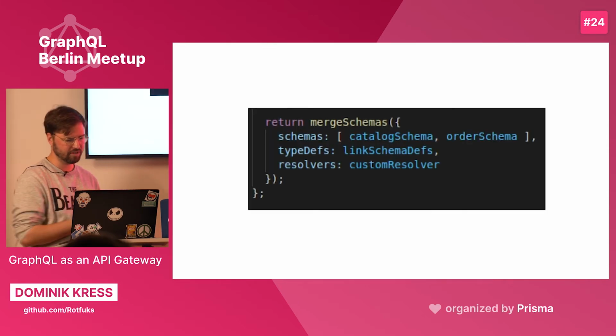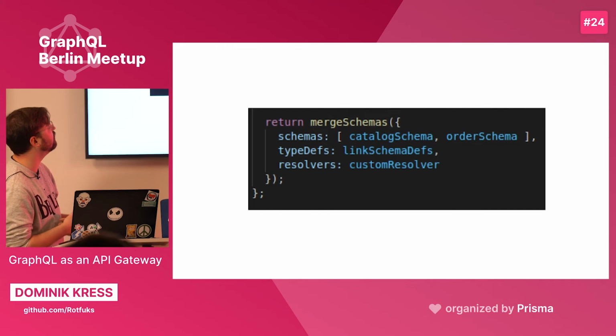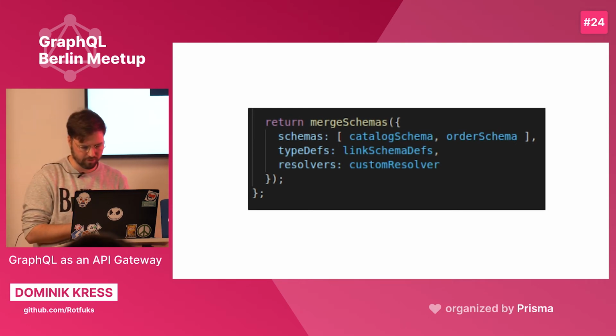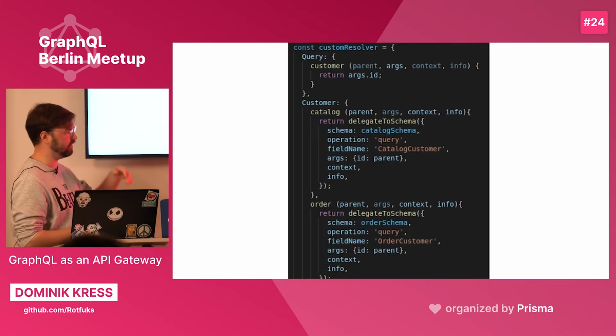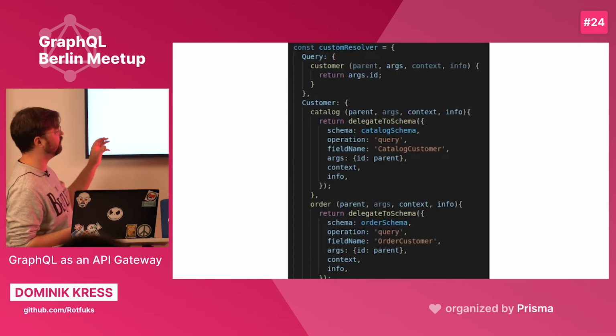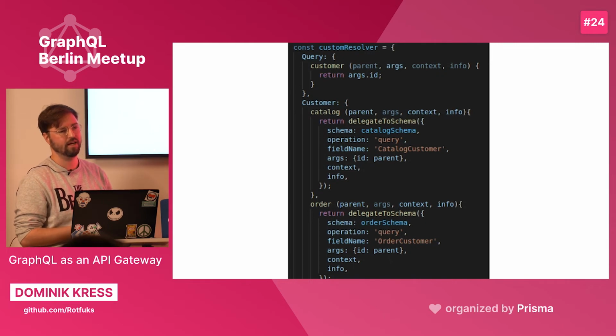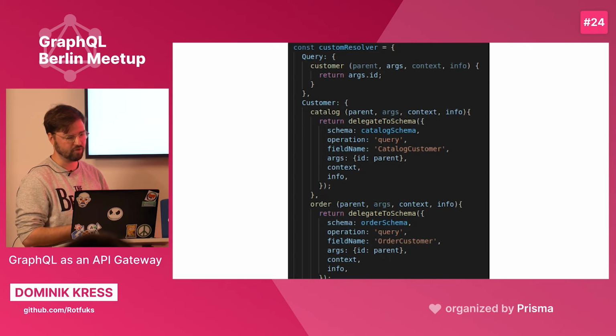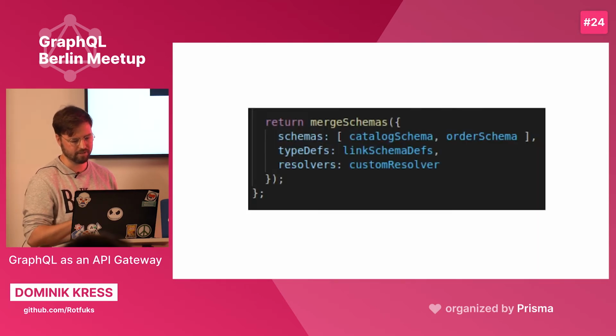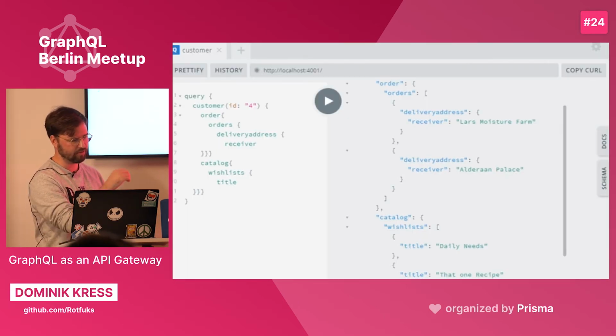And then we merge it again together, but this time also adding the type definitions to it and adding the custom resolvers we have. In this step, you could also just use whatever field and then resolve onto a remote REST API or something, so that you can add other services in here as well, and then just give back the response of a remote REST API. All right, and that's all the magic.